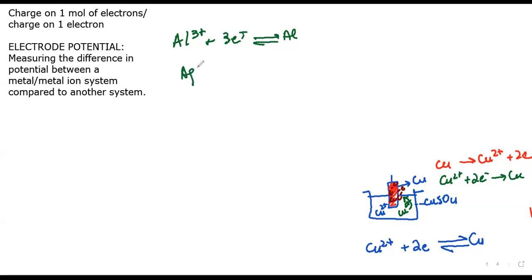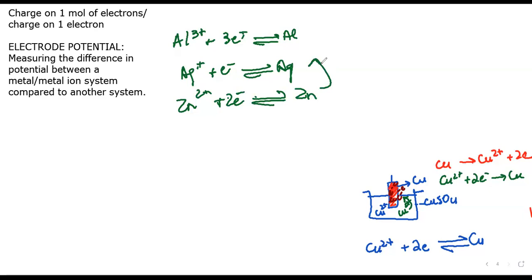Meaning that if I take silver, silver has a more positive value. So it's easier for me to reduce silver as compared to aluminium. On the other hand, let's take zinc. Zinc has a more negative or less positive electrode potential. So it's harder to reduce the ions for zinc compared to silver.